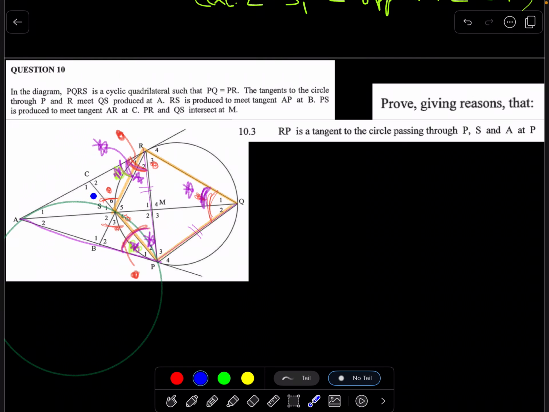Well, we know that S1 is a circle from our previous proof, which is 2 stars. And if we know that this is star, then this must be star because exterior angle of a triangle. I mean, that is one way to do it.